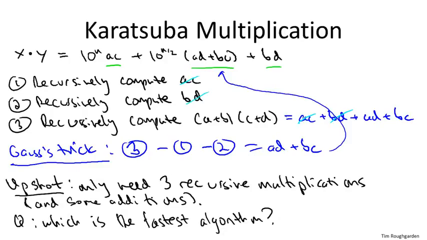In particular, does one of these novel recursive approaches do better than the algorithm we learned back in elementary school? The answer to that question is totally non-obvious, and it requires non-trivial mathematical analysis to answer. In the upcoming lectures, I'll provide you with the tools to not only precisely understand and answer this question, but more generally to predict the running times of an entire genre of divide and conquer algorithms like Karatsuba multiplication. So, stay tuned.